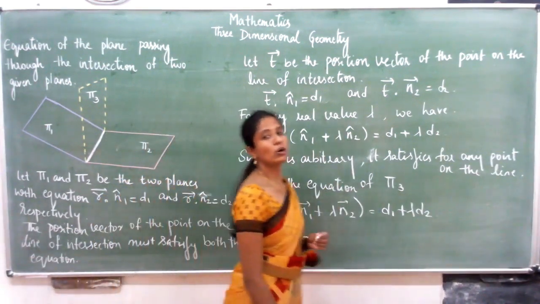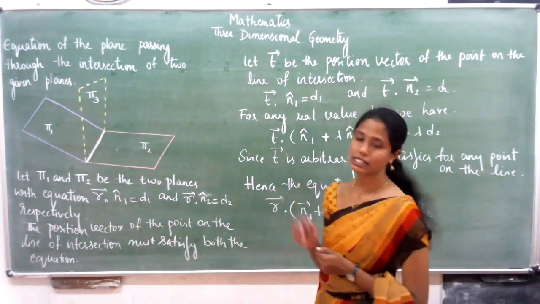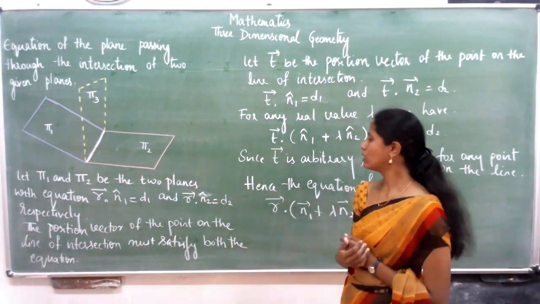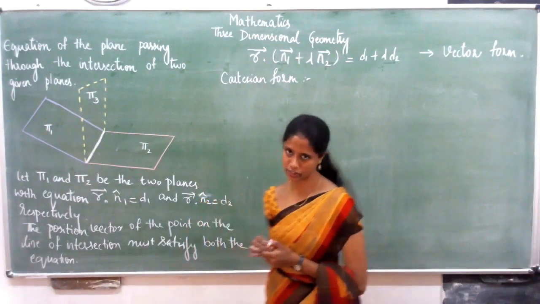And this is the vector form of the equation of the plane which is passing through the intersection of two given planes. Now let us see what its Cartesian form is.